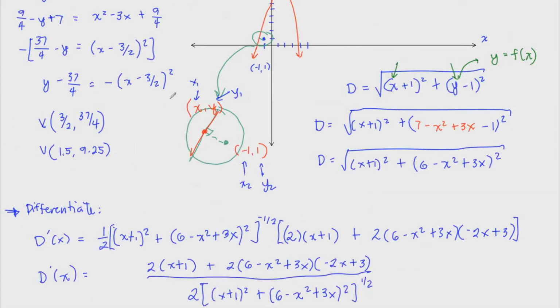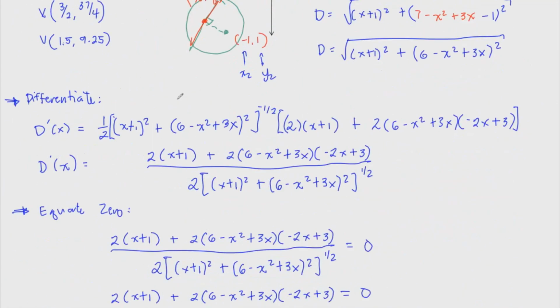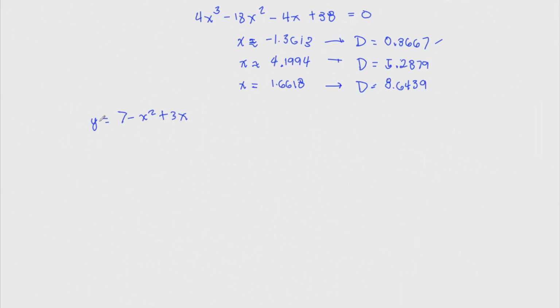So with that, let's substitute for the value. So what we'll be getting is 1.0630. Of course, this is rounded off.